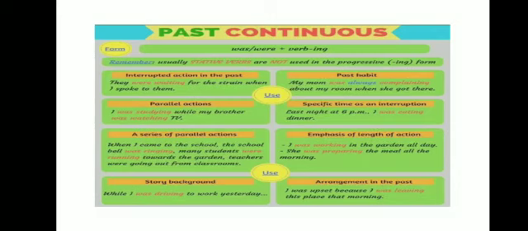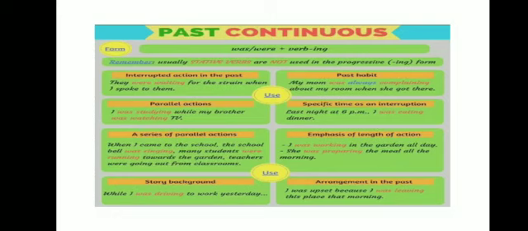So in simple past continuous we will use he was, subject plus was or were, then first form of verb ing and then the object. Next, plural subject, was, were, first form of verb plus ing and then the object.